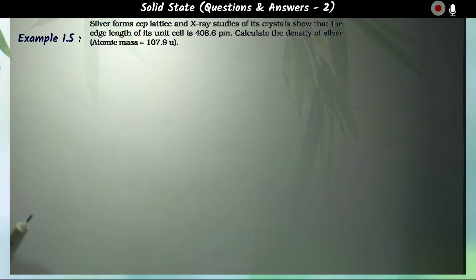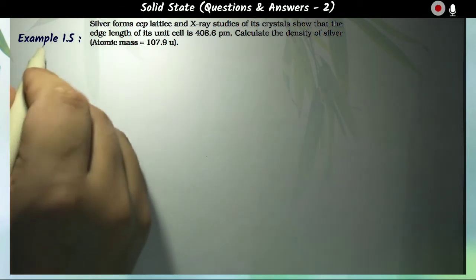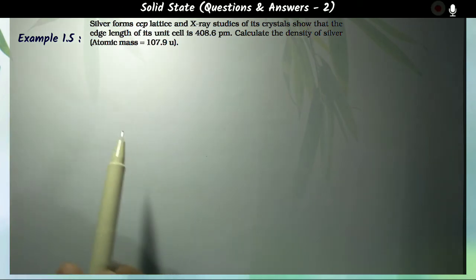Coming to the third example, we have to calculate the density of silver. The atomic mass is given and the edge length is given, so we have to find out the density. So what are the given things here? This is actually example 1.5.